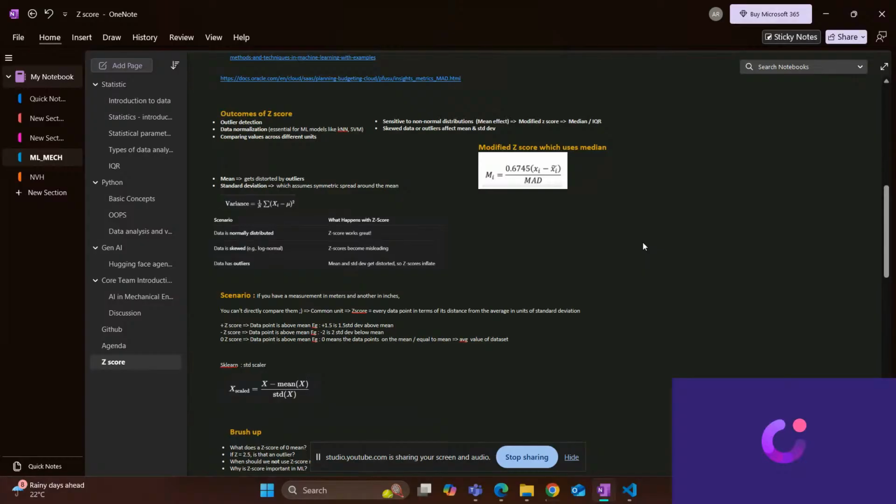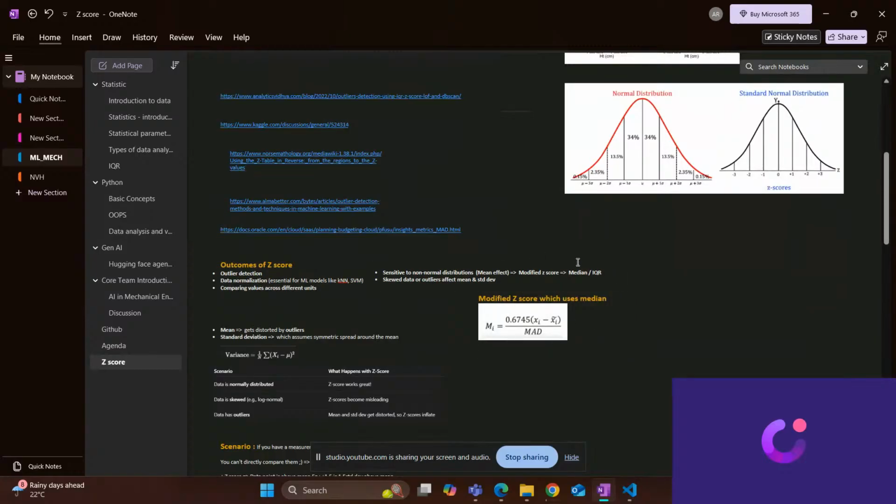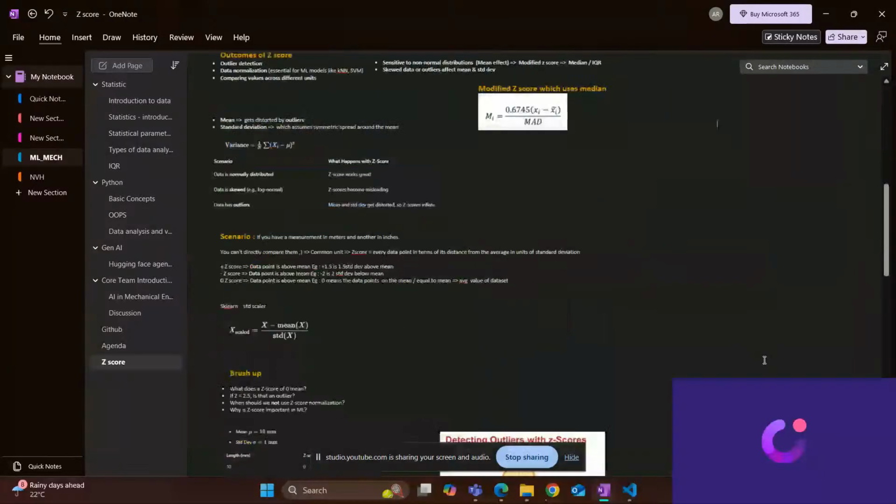Then some drawbacks related to the mean effect were addressed using the modified z score method, which uses the median instead of the mean. But again, it purely depends on the application. Most of the time the mean will work very well, but if it doesn't, then we can go with the modified z score. In programming, I think it is better to use both options and check which gives the better result.